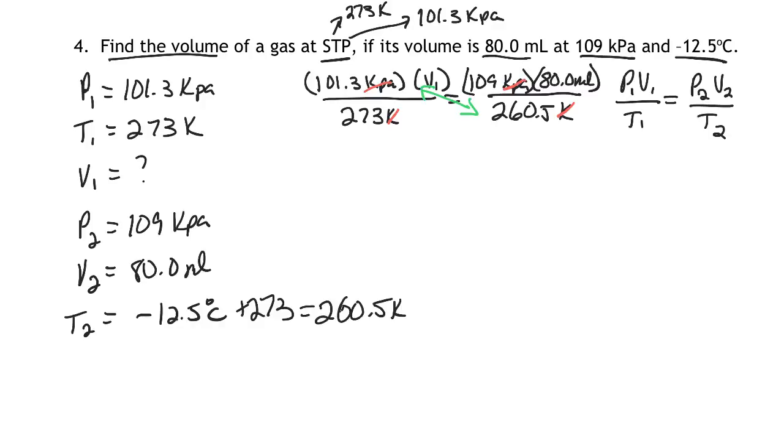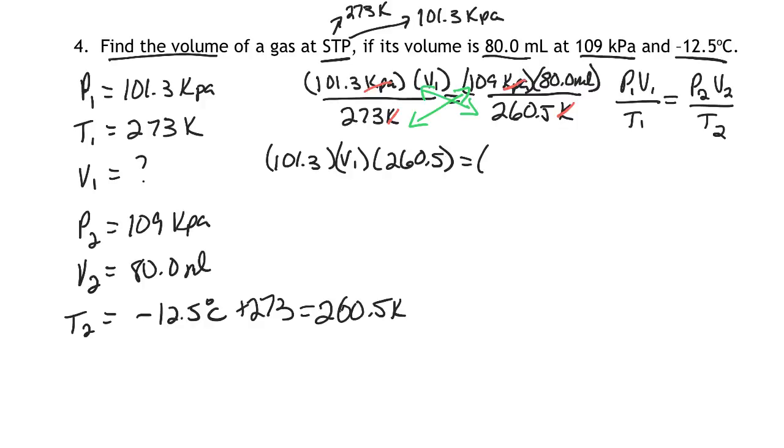And it doesn't matter which direction you go in for this, but I'm going to go 101.3 times my volume times 260.5 equals, I'm going to cross multiply these now. Some people in class were calling it butterfly.